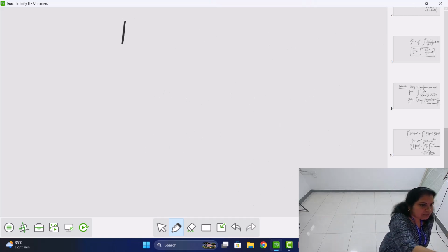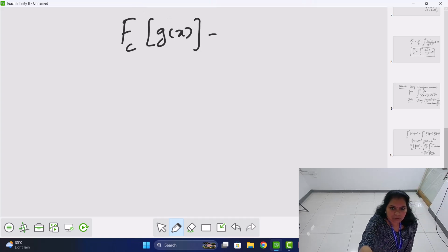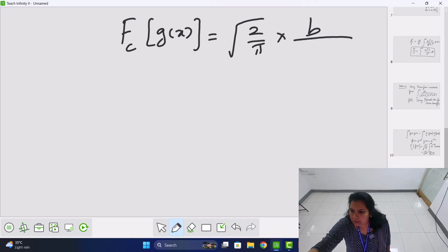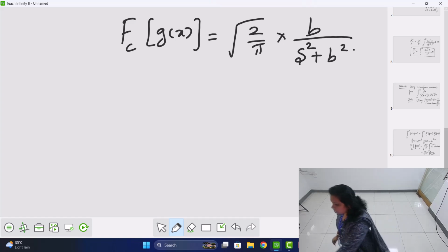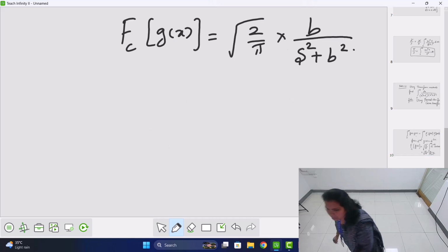Similarly, fc of g of x is root of 2 by pi b by s square plus b square. So you have to substitute all in this formula. Okay, so what do you get?